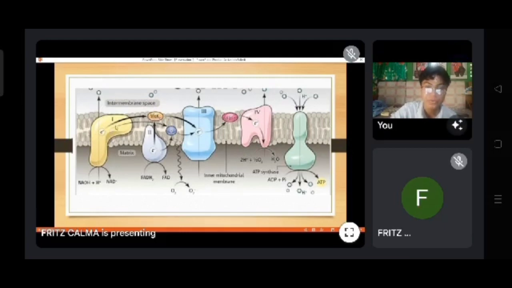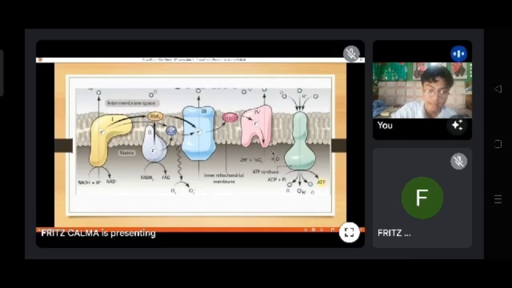Yung electron lang po yung ipinapasa sa complex 2, gayon na din po sa electron carrier Q. So, yung complex 2 po natin ay ipapasa yung electrons niya kay electron carrier Q. Then, from electron carrier Q, mapupunta din yung electrons kay complex 3.